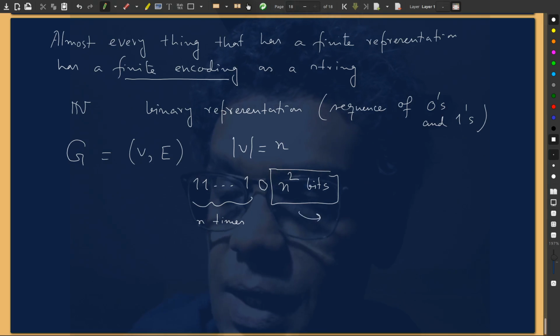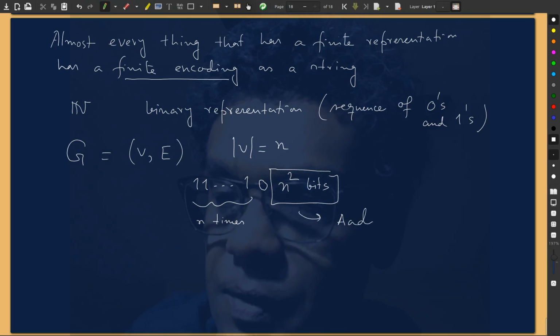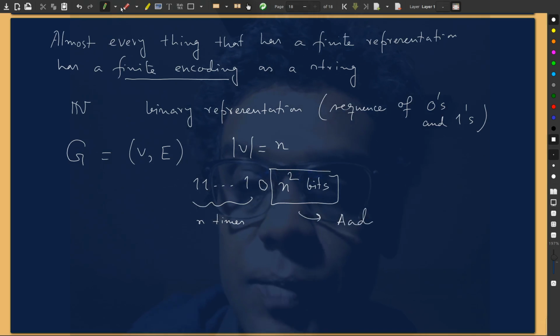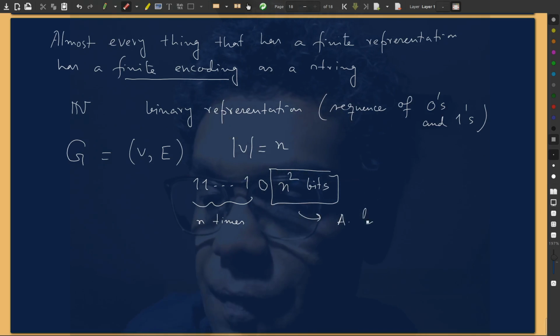This is basically the adjacency matrix of the graph in row-major form.